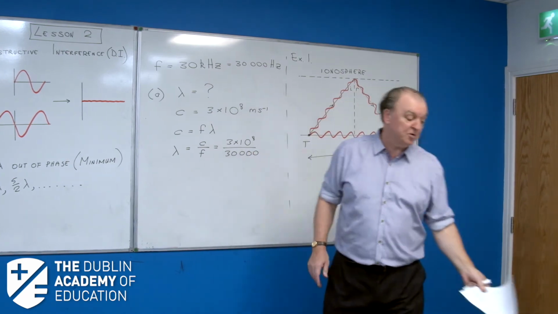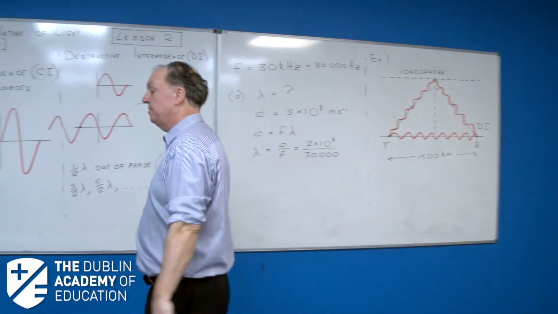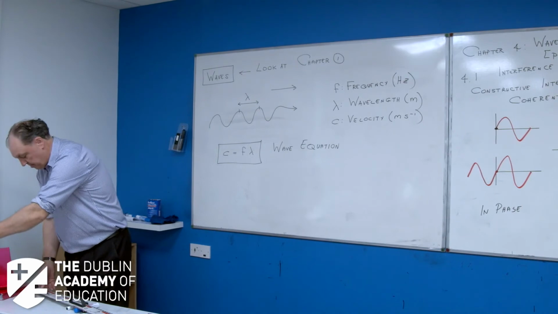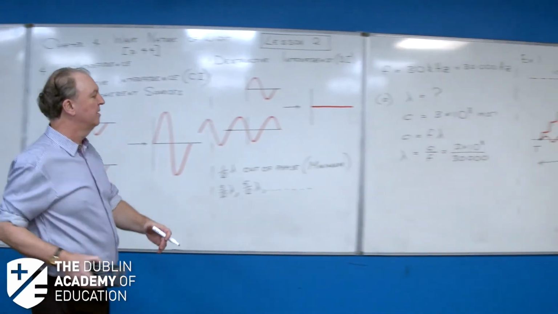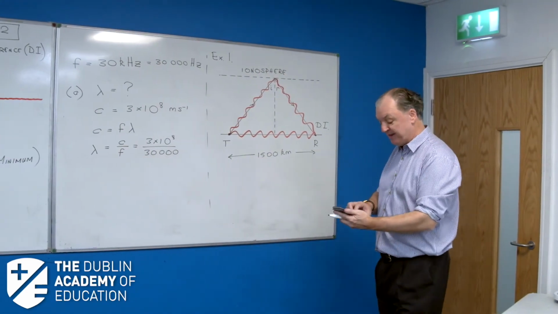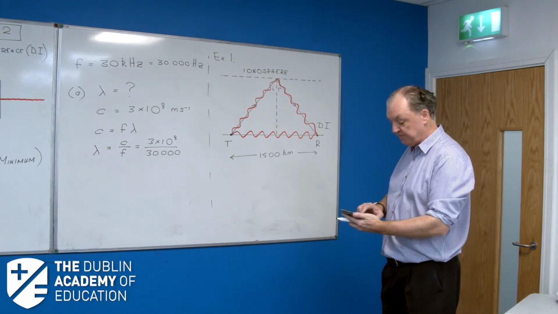Now, as I said, as we're doing this course, have your calculator in front of you. Don't just be watching me doing it on the calculator. Be an active learner. So press my fraction button, 3 by 10 to the power of 8 divided by 30,000.